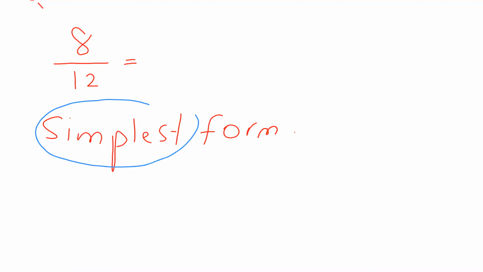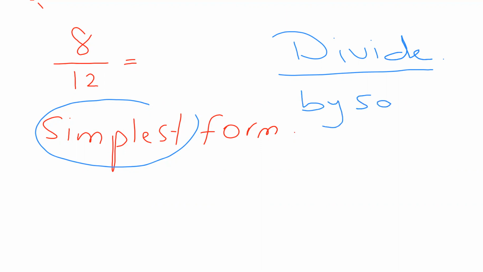So when I simplify, I just divide. But I will divide under a condition: I must divide by the same factor, by the same number.